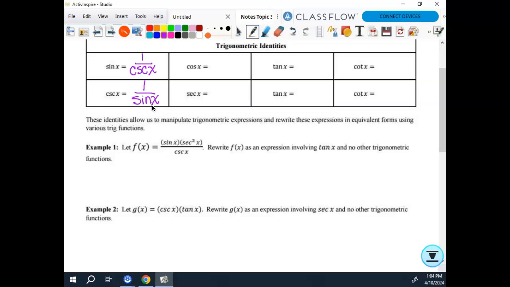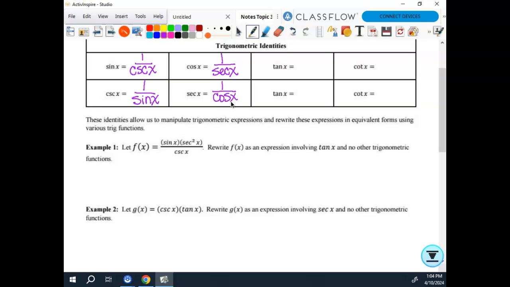What's the reciprocal of cosine? Secant. So cosine of x is 1 over secant x, which means secant is 1 over cosine x, or theta or alpha or whatever your argument is, but always make sure you have that argument there.